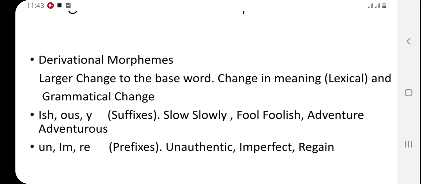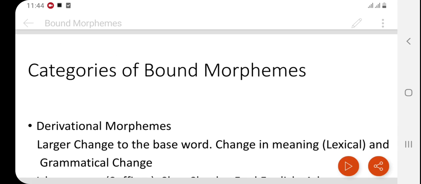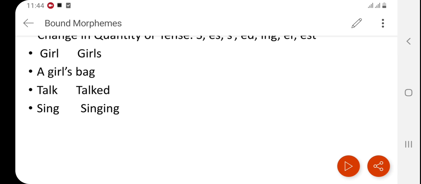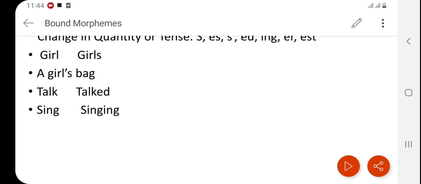So I repeat again that there is a larger change to the base word. So the base word is actually changed. How is the base word changed? Because from fool to foolish, foolish is an adjective. Again, when we talk about girl and girls, talk and talked, sing and singing, there is no change in the base word.